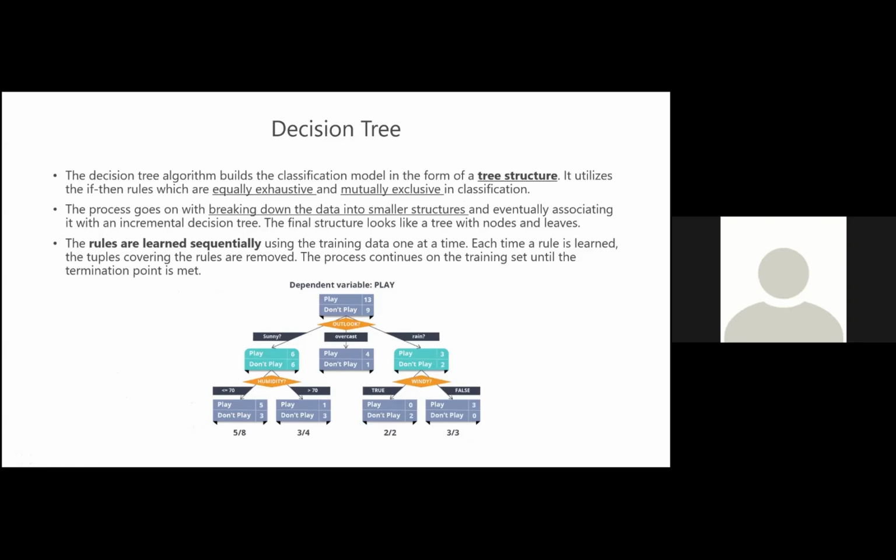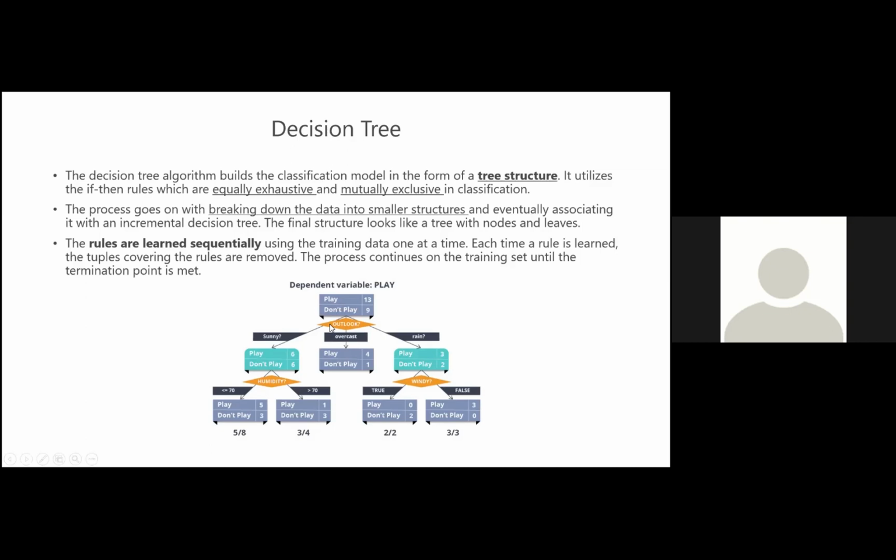The decision tree builds a tree from the training data by applying if-then rules. These if-then rules are formed based on mutually exclusive or collectively exhaustive events. The process starts by taking all the training data at once, and it divides or breaks the data into smaller possible structures, creating a tree structure.